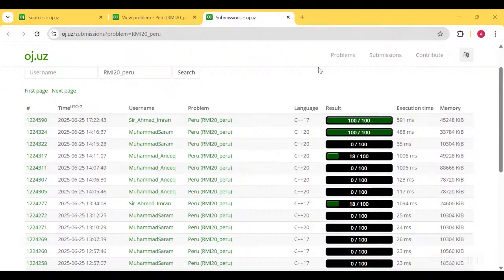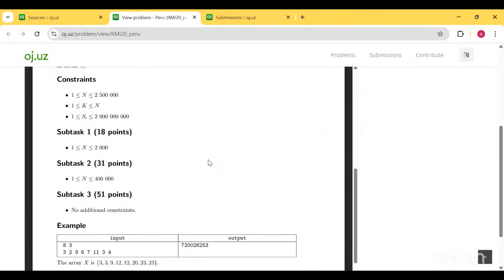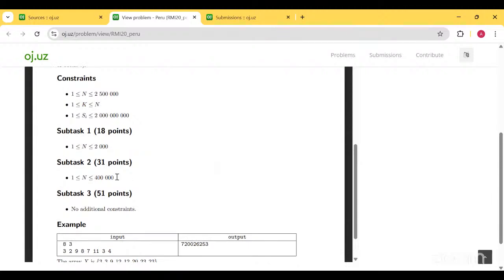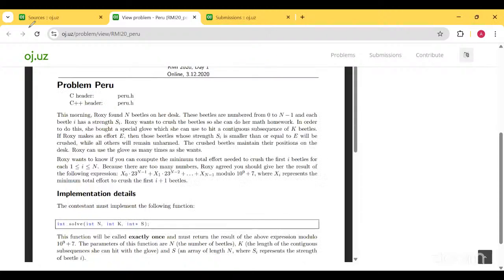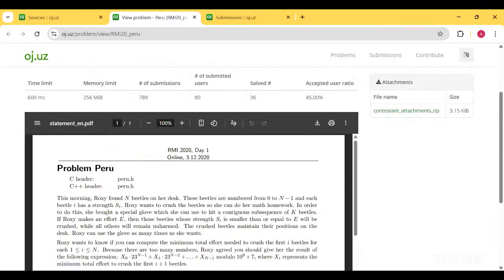Okay. Yes. So what is the complexity of your solution? N log n or O(n)? N log n. All right. So maybe the test case is big. Okay. No, I think yes. If you implement it correctly, N log n passes the time limit. The time limit is only 0.6 millisecond.